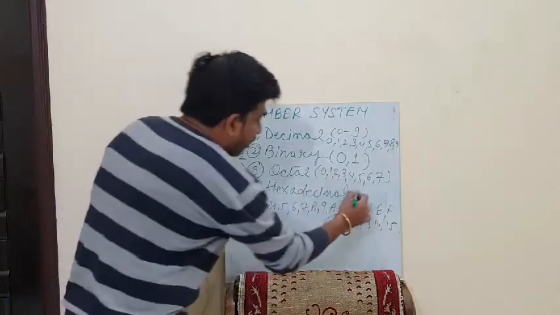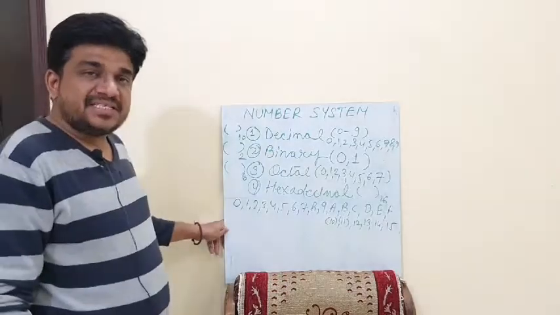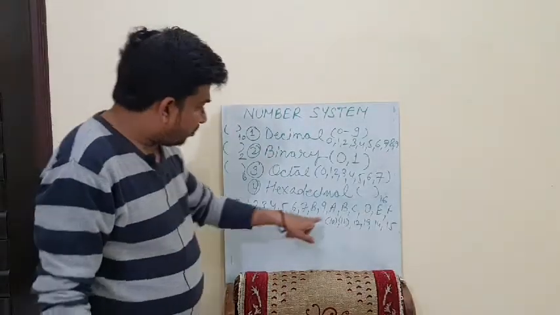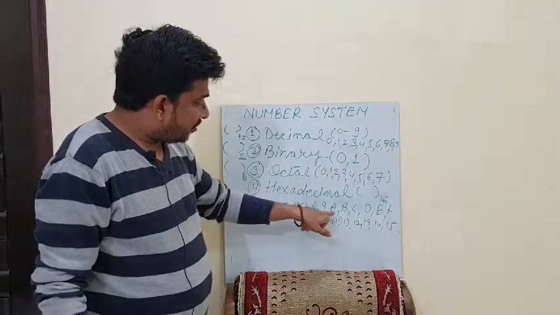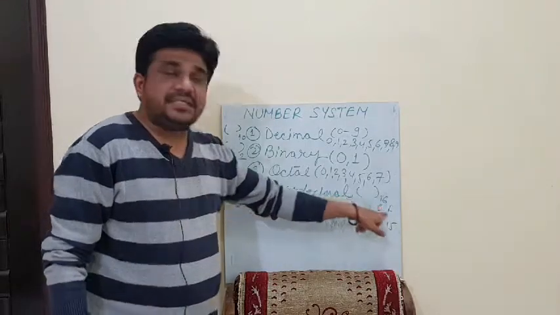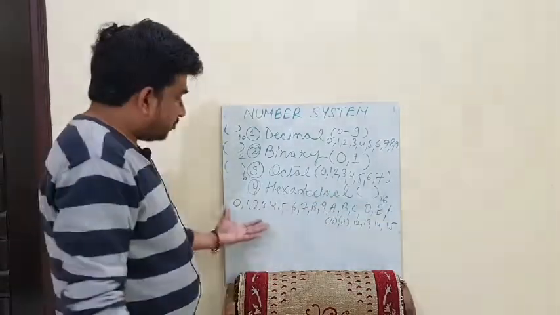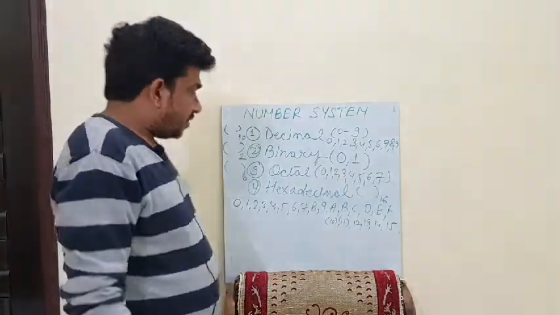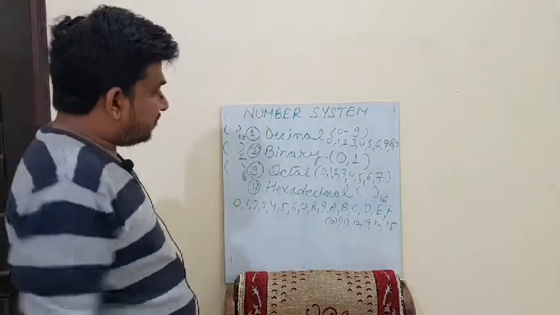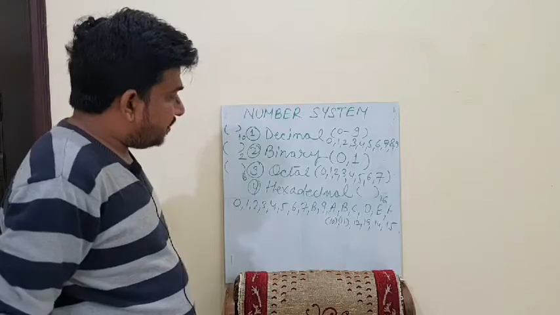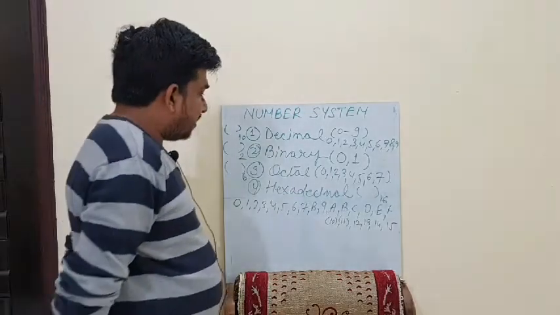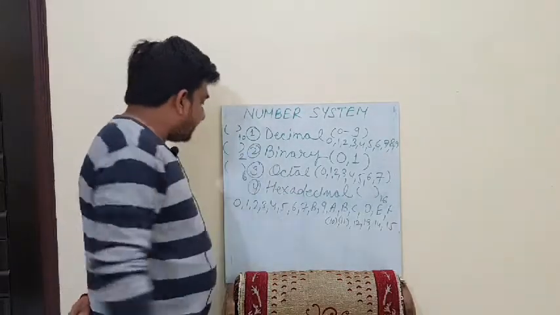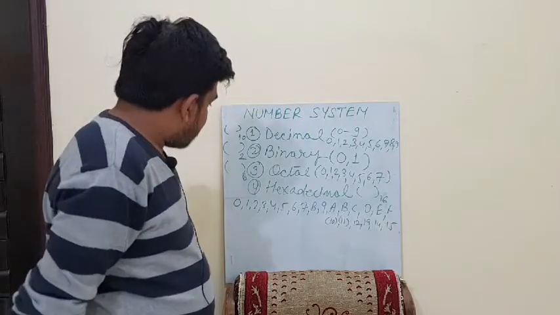So this is called the base 16 number system. Base 16: 0 to 9, then A, B, C, D, E, F. 6 alphabets. So 10 numbers, 6 alphabets, base 16. So this is the introduction of number systems, and why the base is called 10, 8 or 16.